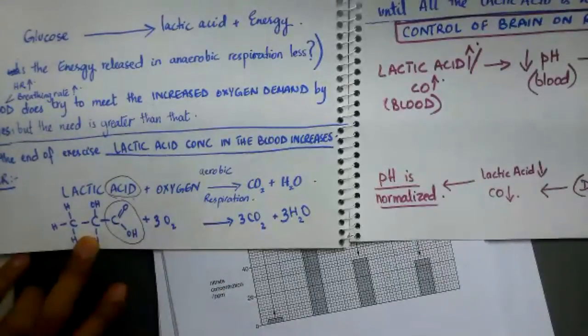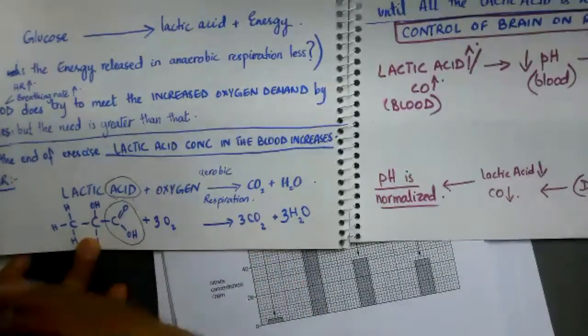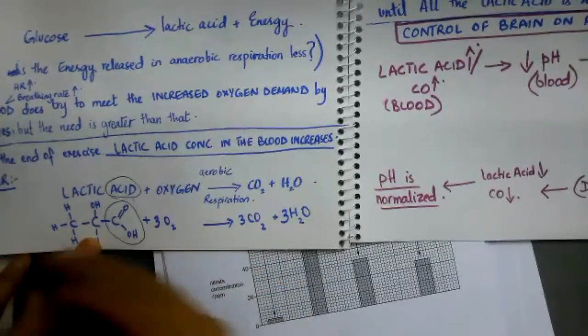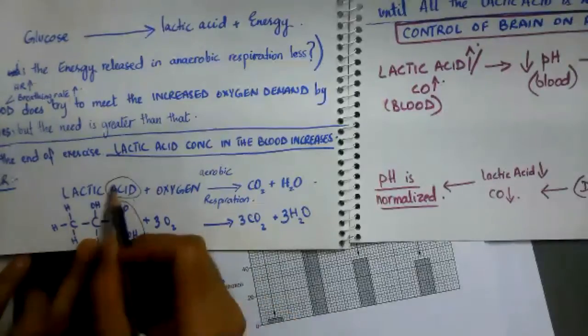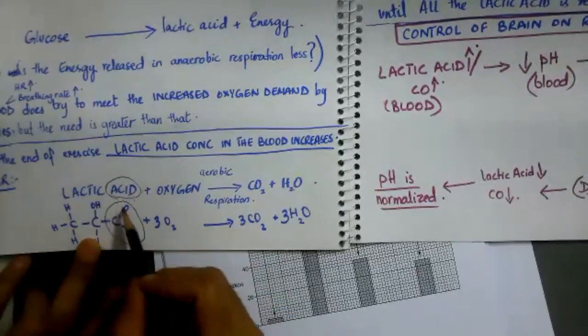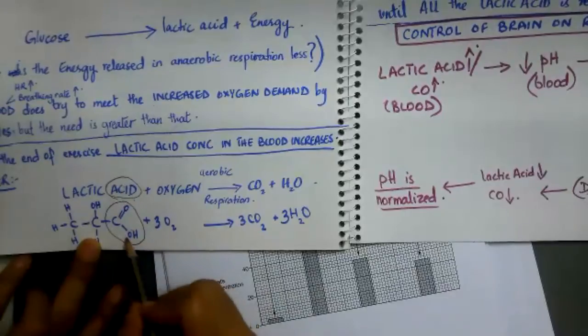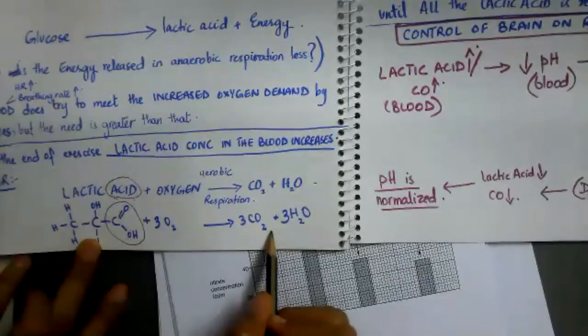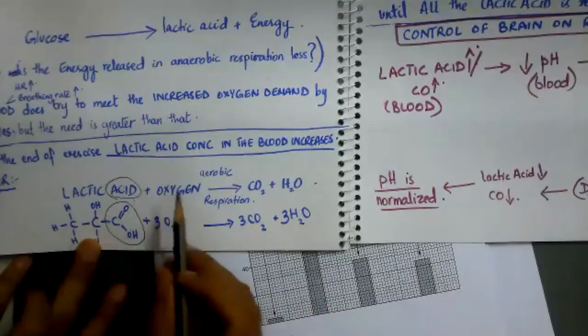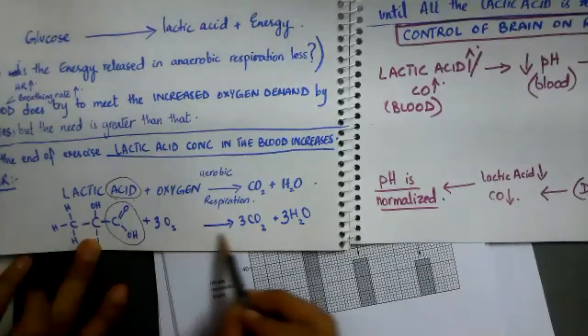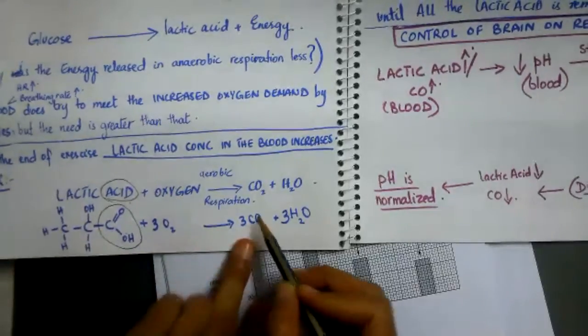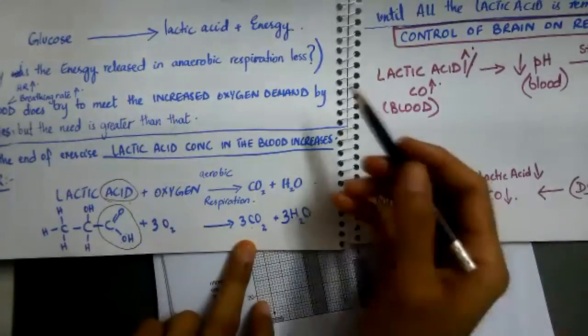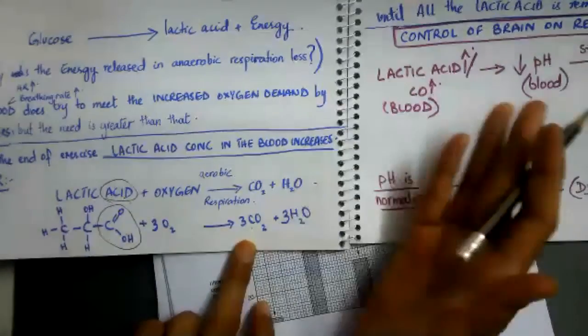This represents organic acids, meaning hydrocarbon acids, acids which are hydrocarbon in nature. Because this is an acid, this will lower the pH, as will carbon dioxide. That's why it is very important for this lactic acid to be converted into carbon dioxide, and then this carbon dioxide to be removed out of the body through respiration.